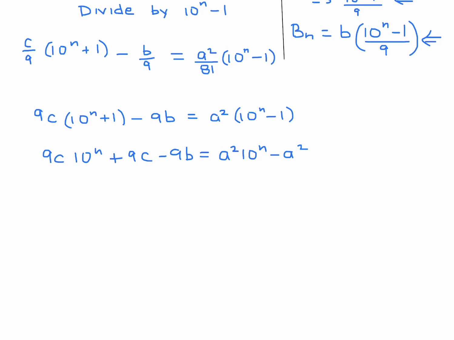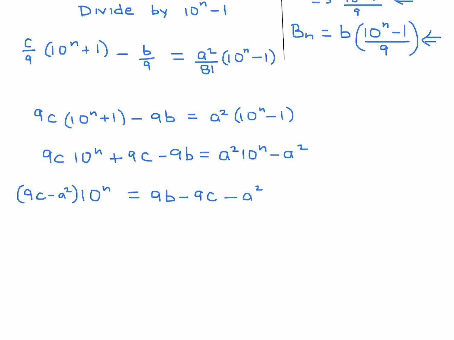Let's put the 10 to the n's on one side and factor. When you do, you get 9c minus a squared, and then we have 10 to the n. On the other side, if I put everything else there, it would be 9b minus 9c, and I believe just alone minus a squared.